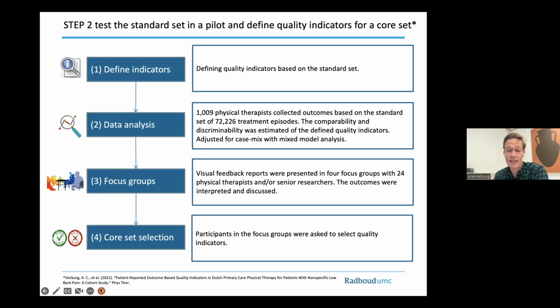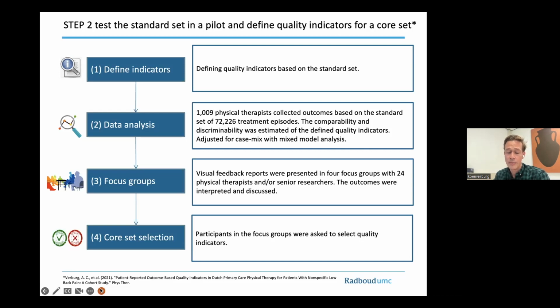Then we collected outcomes in daily practice by physical therapists and practices that provided treatment episodes of a lot of patients to estimate the comparability and discriminability of the quality indicators. After that, we conducted focus group interviews with physical therapists.